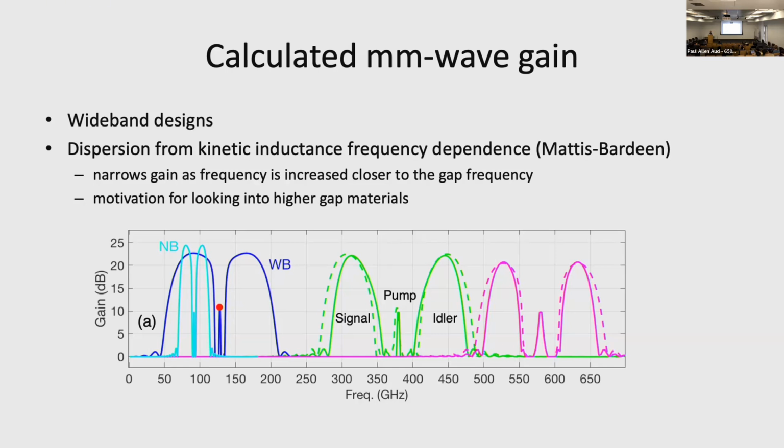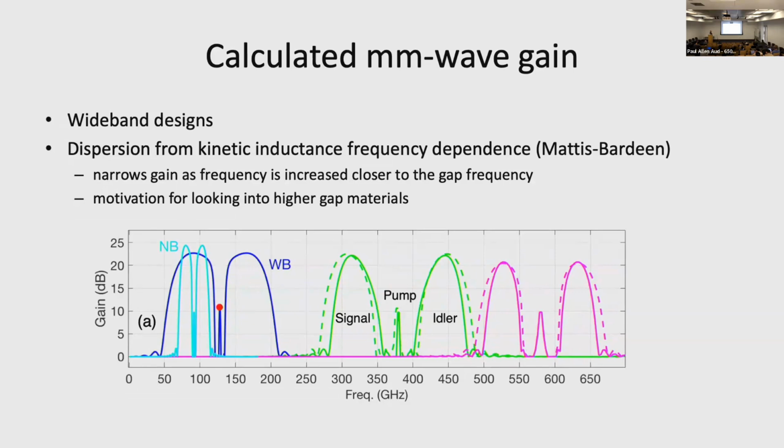But if we remove the shunt stubs now, and just rely on the frequency dependence of the kinetic inductance in order to mismatch the higher frequency processes, then you can make a much wider band design, and that's shown as the dark blue curve here.